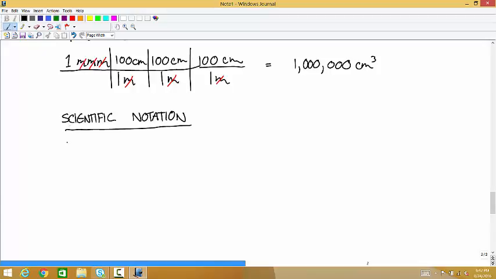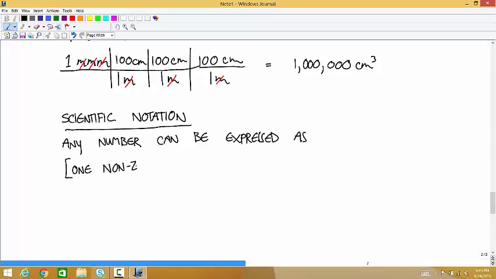The idea of scientific notation is that any number can be expressed as one non-zero digit and then a decimal point, and then a decimal that can have as many figures as you need for the precision that you need, times 10 to some integer.